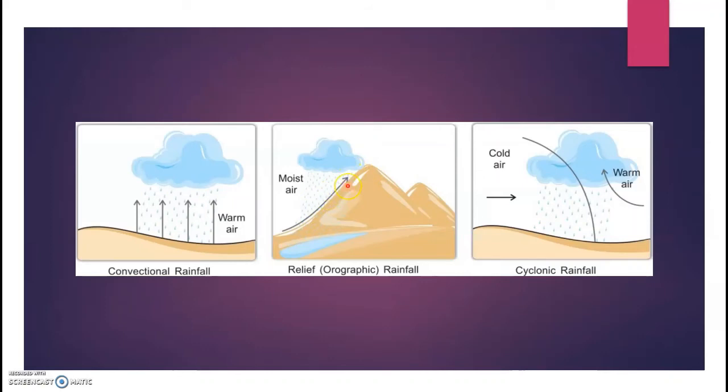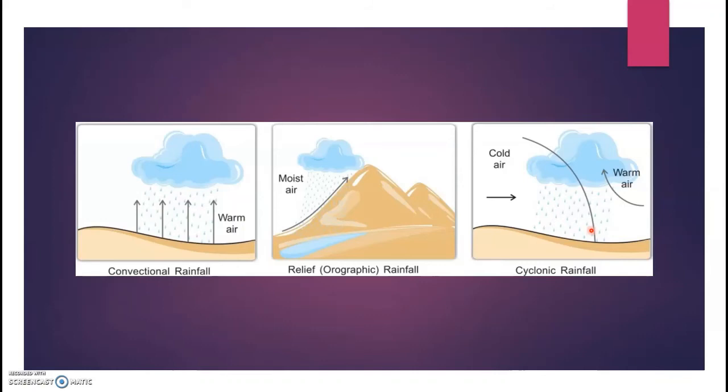Okay. Then next one, cyclonic rainfall. Cyclonic activity causes cyclonic rain and it occurs along the fronts of the cyclone. When two masses of air of unlike density, temperature and humidity meet, then it is formed. The layer that separates them is known as front.